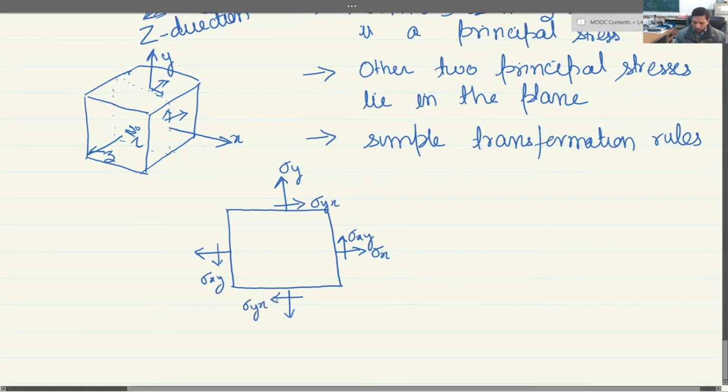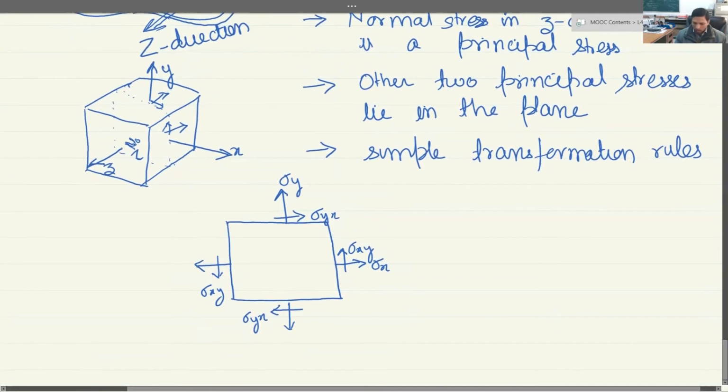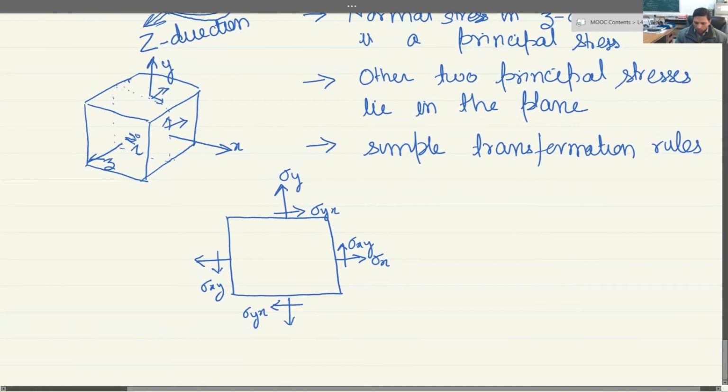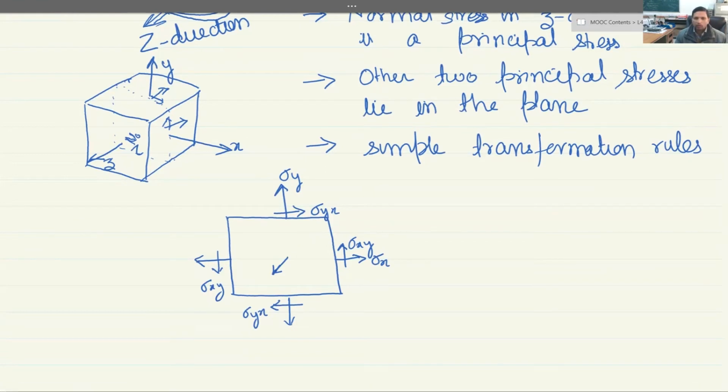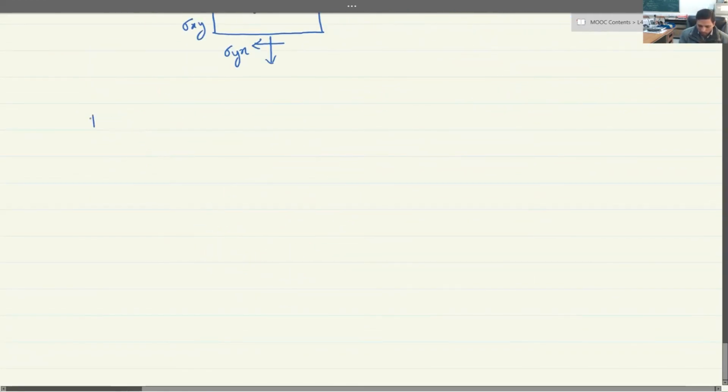So this is plane stress condition. Because in the third direction you already have a principal stress, the rotation that you would need is only in the plane that is shown over here, and that kind of rotation is much simpler to describe. So plane stress transformation.